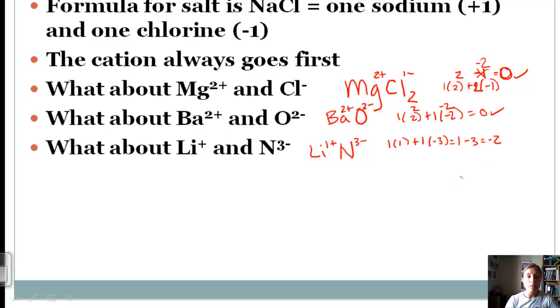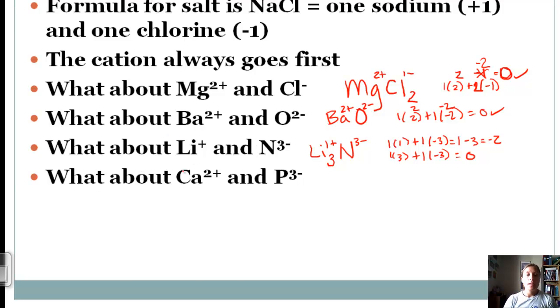I need it to be 0. So I need the positive charge to equal the negative charge. So I have -3, I need +3. And since each lithium is a +1, I need 3 lithiums in order to get a +3. So now I have 1 times 3 plus 1 times -3, and now I have 0.